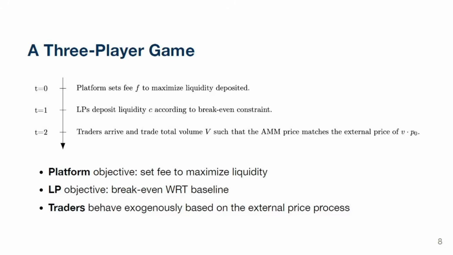For the LPs, we're considering that they want a break-even constraint with respect to some baseline portfolio. We'll go over that in just a moment. And the traders arrive endogenously based on the external price process. Maybe the volatility affects their trade volume and potentially the amount of liquidity in the pool as well.